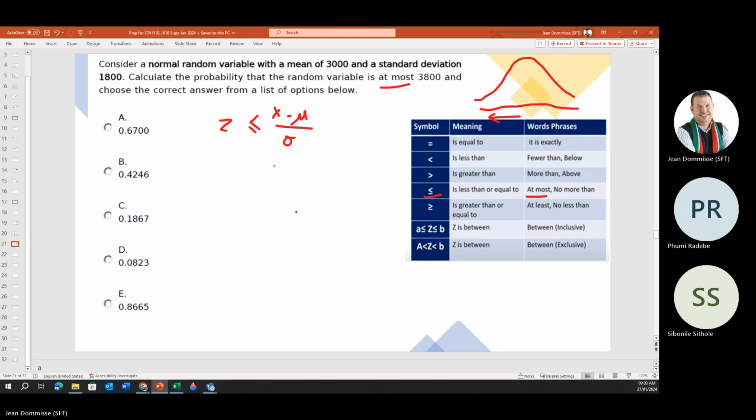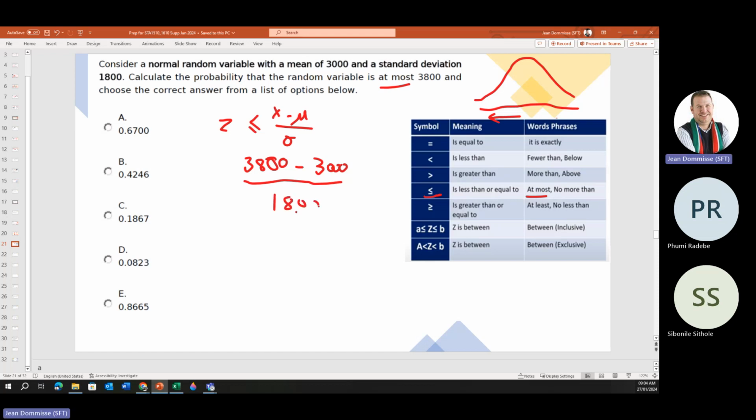So X, let's consider a random variable with a mean of 3000. So that is your mean of 3000. They tell us at most 3800. And they tell us the standard deviation is 1800.